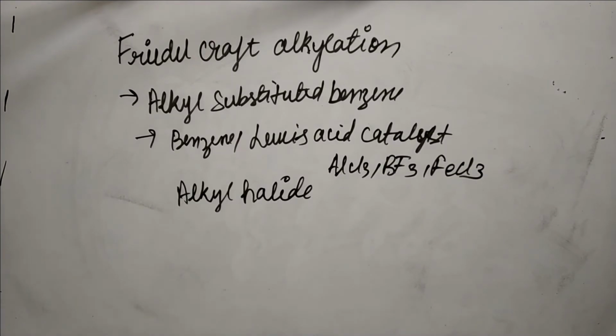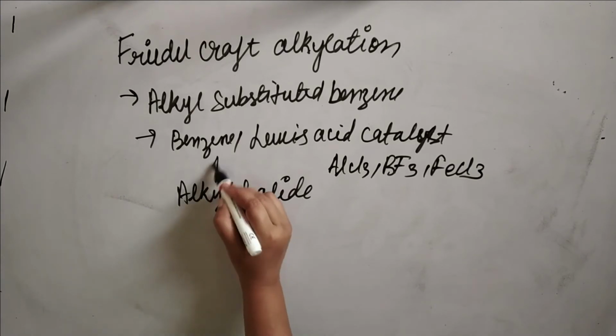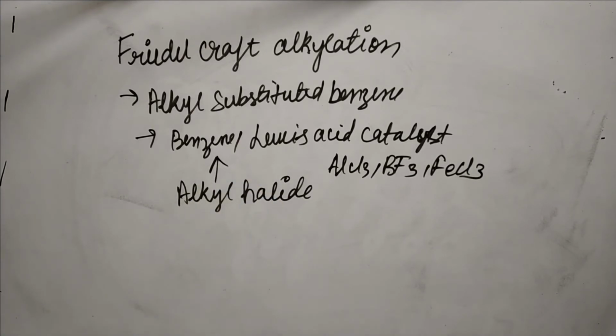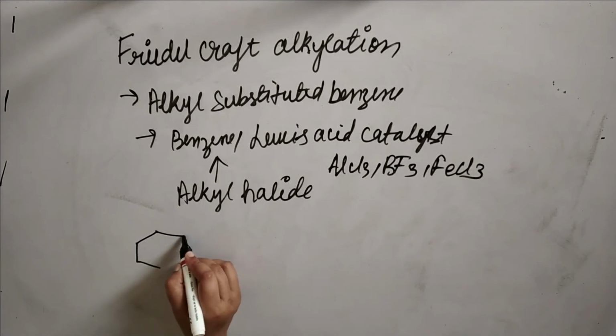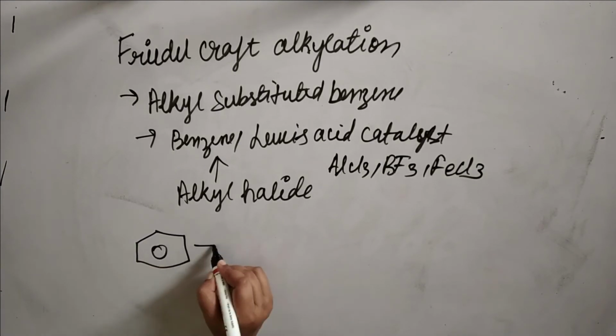So these are the things which are required for the Friedel Crafts alkylation reaction. First is benzene, second is the Lewis acid catalyst, and third is the alkyl halide, where the alkyl group will substitute on this benzene ring. So let's see a general example of the Friedel Crafts alkylation reaction. This is benzene.